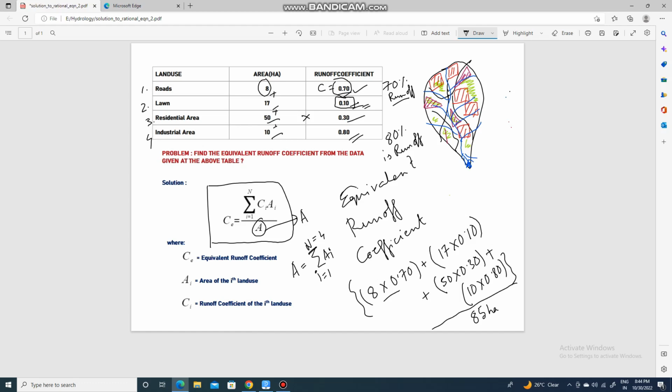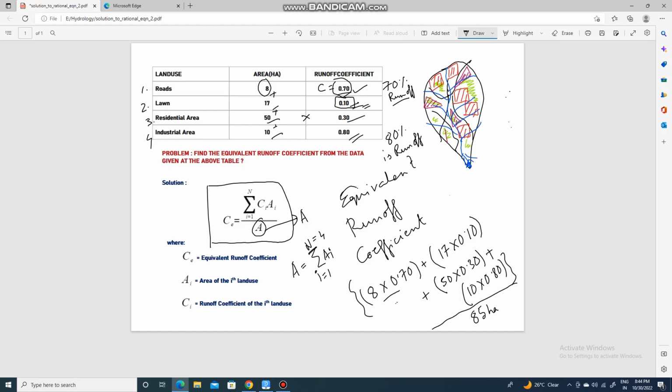So the result of this equation will be, just multiply 8 with 0.70, multiply 17 with 0.10, multiply 50 with 0.3, and multiply 10 with 0.8.